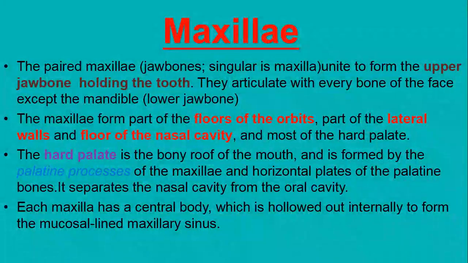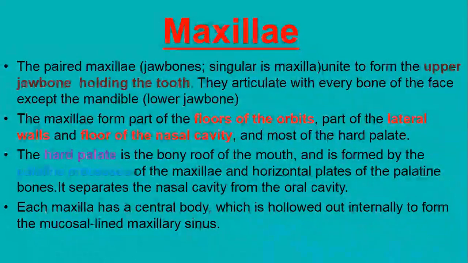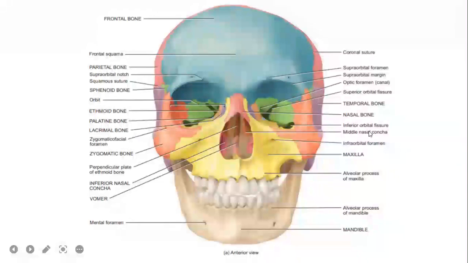So let's get to the bony skeleton of the skull so that you can identify the exact location of the maxillae. This is the anterior view of the skull, and the maxillae dominate this area of the face. You can also identify other bones of the face, including the nasal bone.